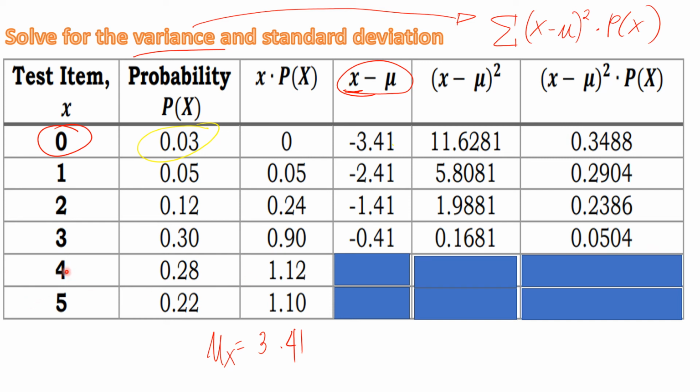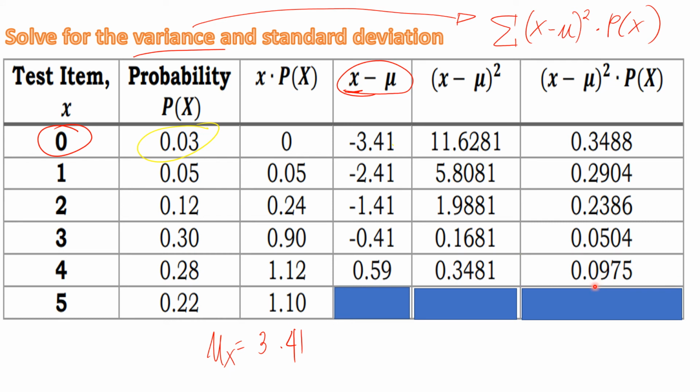Then x equals 4, we have 4 minus 3.41 is equal to 0.59. Then squared, 0.3481. Then multiply by 0.28, that is equal to 0.0975. For 5, 5 minus 3.41 is 1.59. And squared, that's 2.5281.